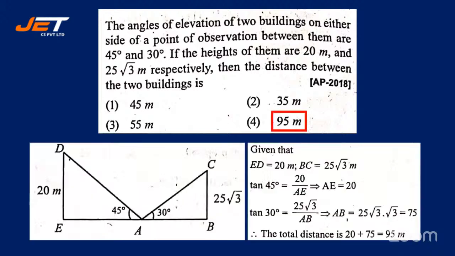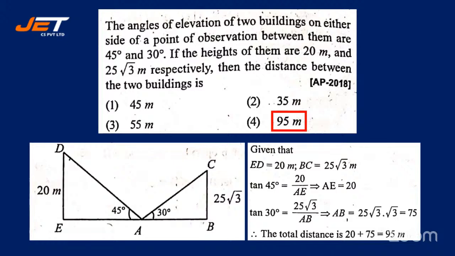See the diagram, you can see here the angle of elevation of two buildings. Okay, so one is 45 degrees, the other one is 30 degrees. So the height, you can say one side is 20 meters, the other one is 25 root 3. Is it clear? So you are finding out the distance.